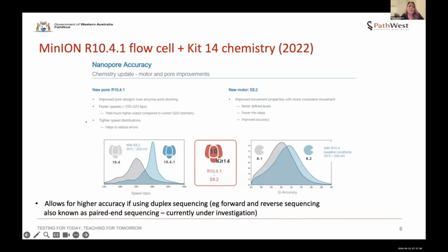And really, the development was with a pore that had a longer pore, which was claimed to be better at sequencing the homopolymer regions, improved accuracy, faster speeds, reduced errors, and a new motor, E8.2, again improving the accuracy and more consistent movement of the DNA through the pore. And this also allowed for duplex sequencing, so sequencing in the forward and reverse direction, again allowing for higher accuracy.